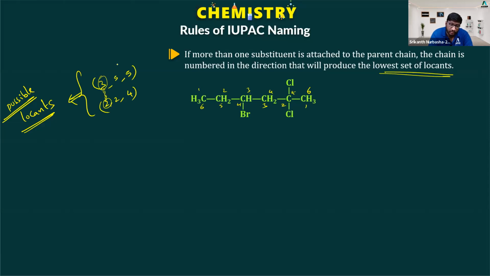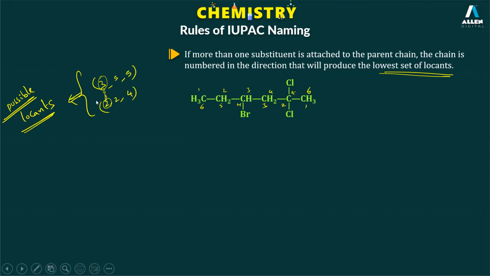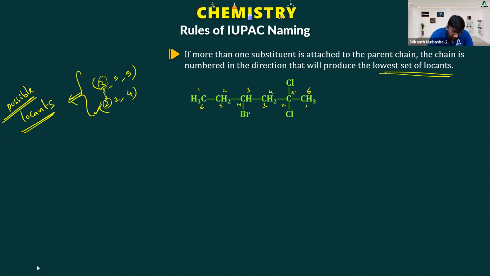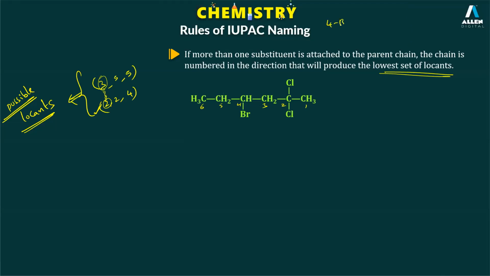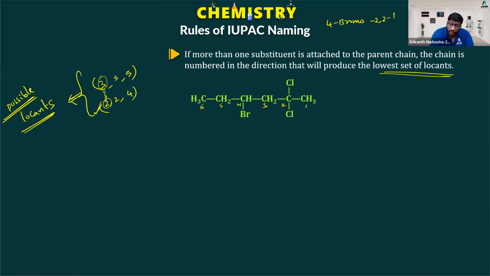Which is smaller? 2 is smaller, so you have to go with this rule. 2, 2, 4 is the correct order. So you have to give numbering in such a way that 2, 2, 4 is assigned. This is going to be the correct numbering, and the name is going to be 4-bromo 2,2-dichlorohexane.